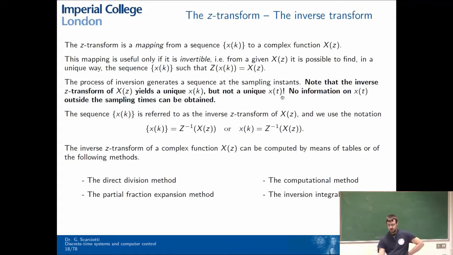Okay, so to make this clear, there is a one-to-one relation between the Z-transform and the sequence, but to the sequence there are associated an infinite number of signals.